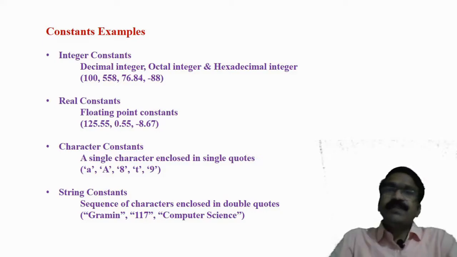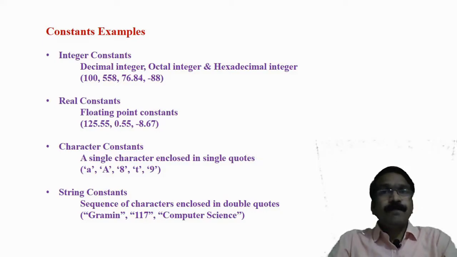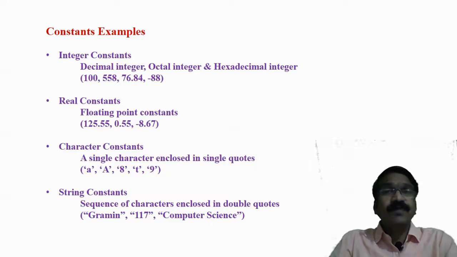The next thing we will see is the string constant, such as "programming". A group of characters, not a single character. "Computer science", a group of characters plus a blank space, white space. "117", a group of digits.